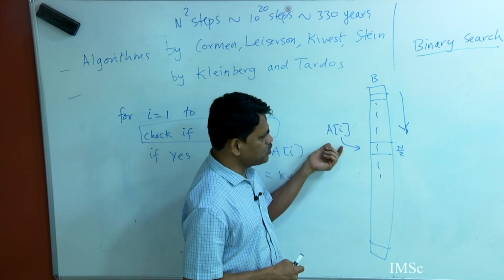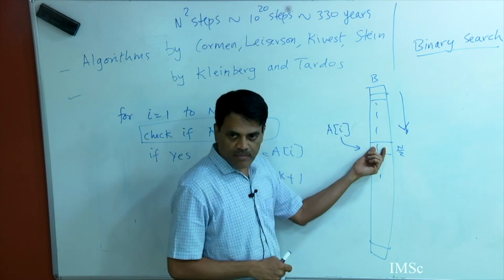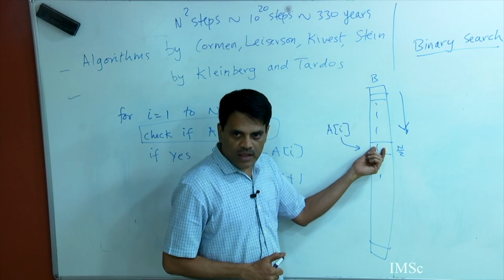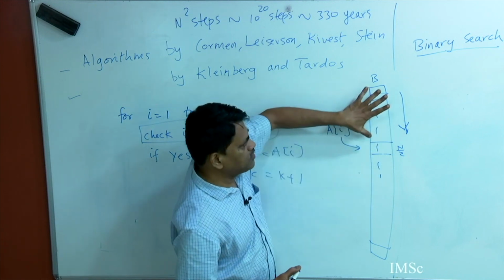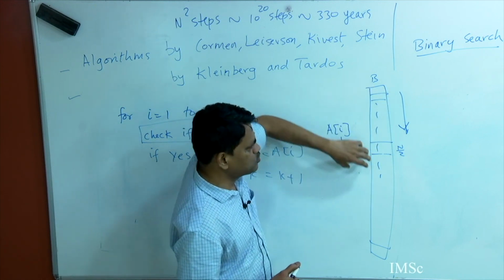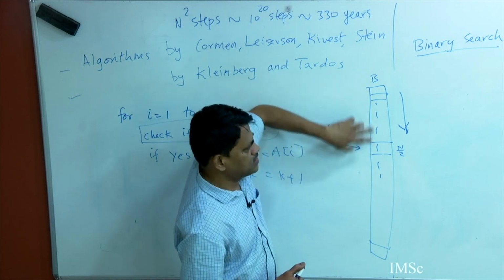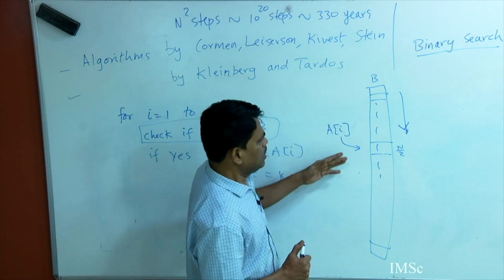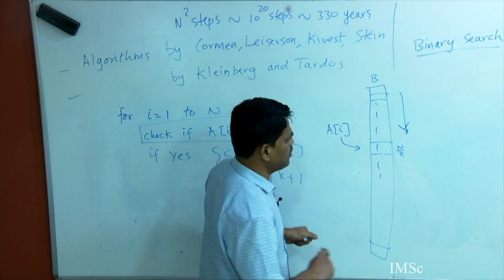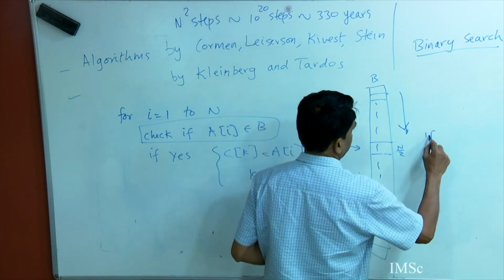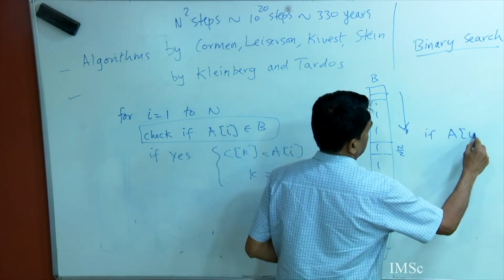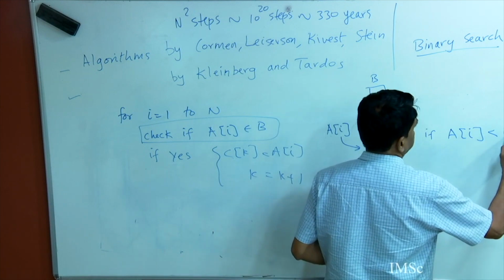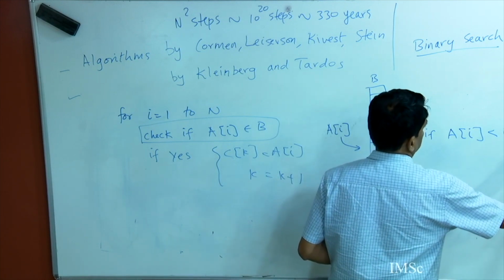If A_i happens to be less than B_{n/2}, then I know that I don't have to search here because A_i itself is smaller than this.